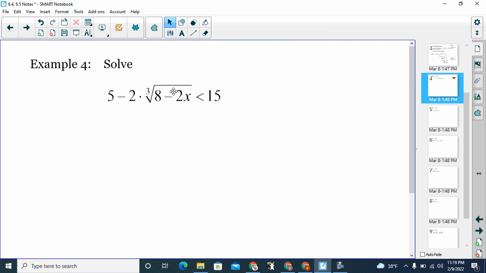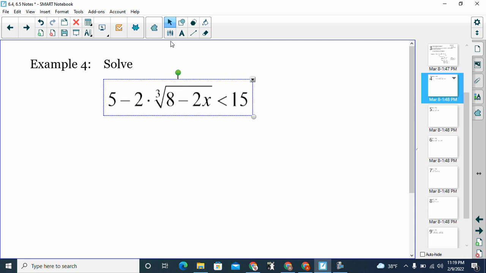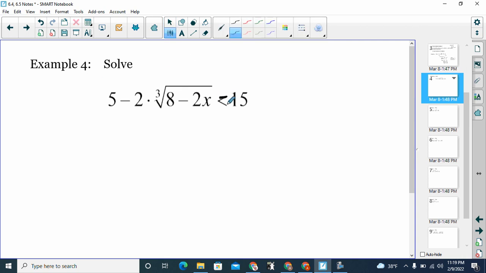Example 4 asks us to solve, I don't know why that's an inequality, that should be an equal sign. 5 minus 2 times the cube root of 8 minus 2x is equal to 15. First thing we need to do is get the cube root by itself. Lots of students are tempted to start with 5 minus 2 and write that as 3 times the cube root.